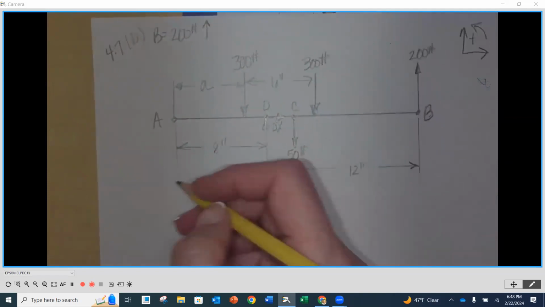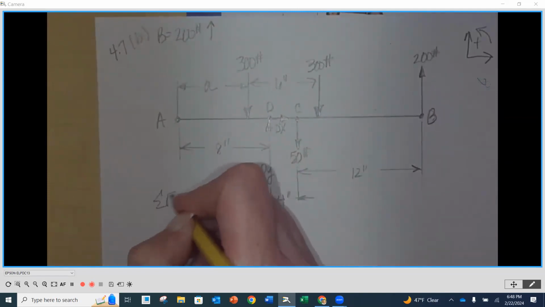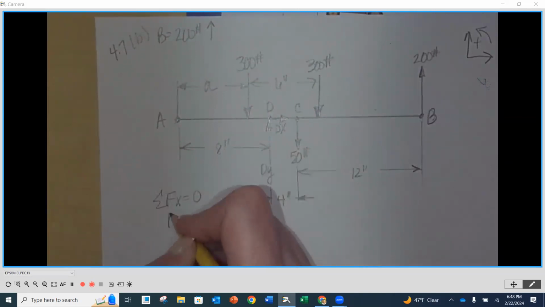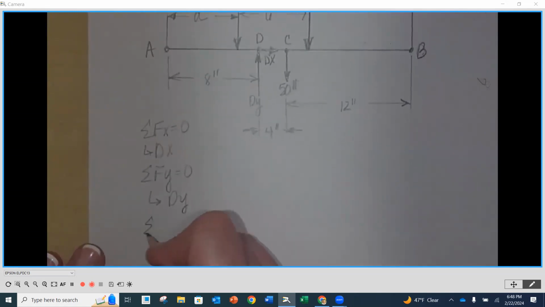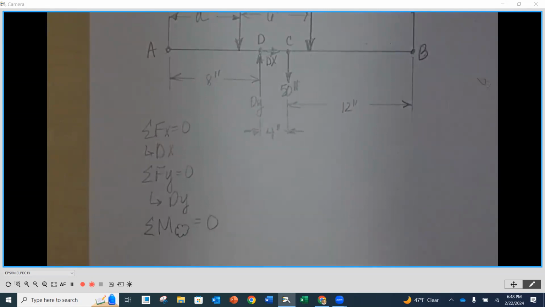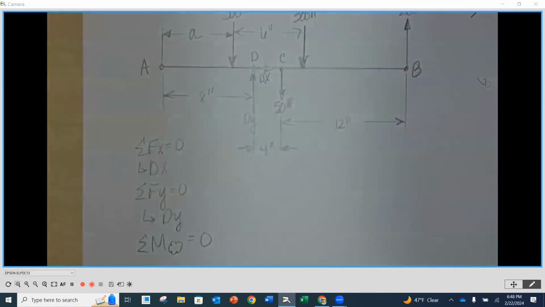And we're going to take that same approach where we sum our forces in the x equals 0 to get your Dx. We're going to sum our forces in the y equals 0 to get Dy. And then you're going to pick strategically a point to sum around, set that equal to 0, and your unknown then is going to be a, that distance.